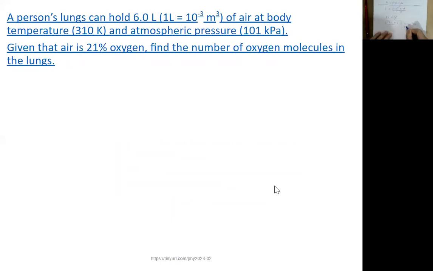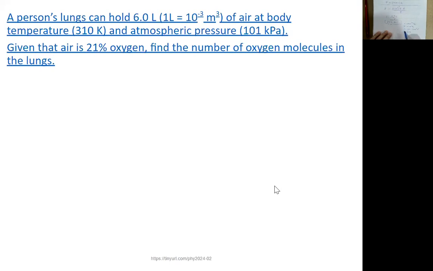It tells us P is equal to 101 kilopascal, that means 101 times 10 to the third Pascal. It tells us the volume is equal to 6.0 liters, that's 6.0 times 10 to the minus 3 cubic meters. And temperature is given as well, about 310 Kelvin.